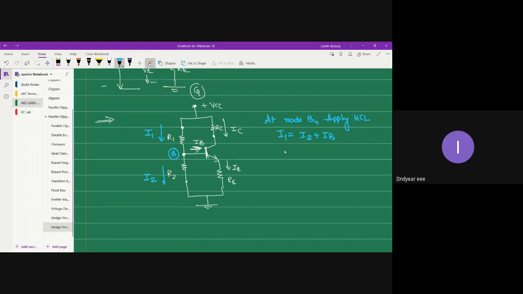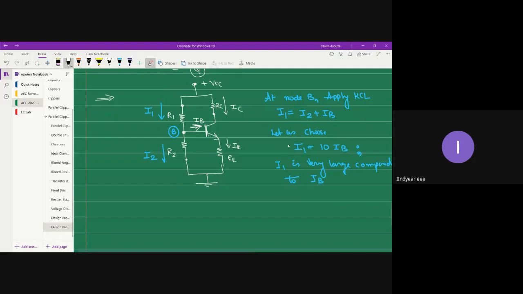So let us choose current I1 is equal to 10 times IB. Why? Because I1 is very large compared to IB.